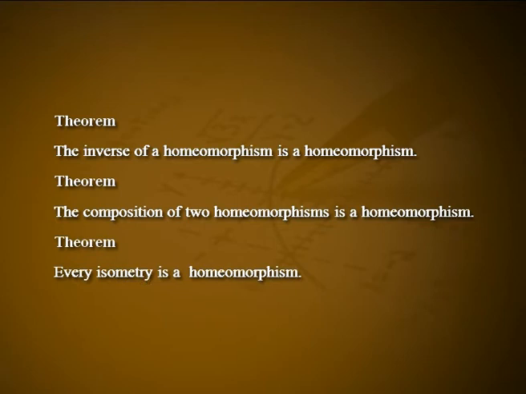Theorem: every isometry is a homeomorphism. The converse of the above theorem is not true. For example, the mapping f from R to the open interval (-1, 1) defined by f(x) = x/(1 + |x|) for all x in R is a homeomorphism, but not an isometry.